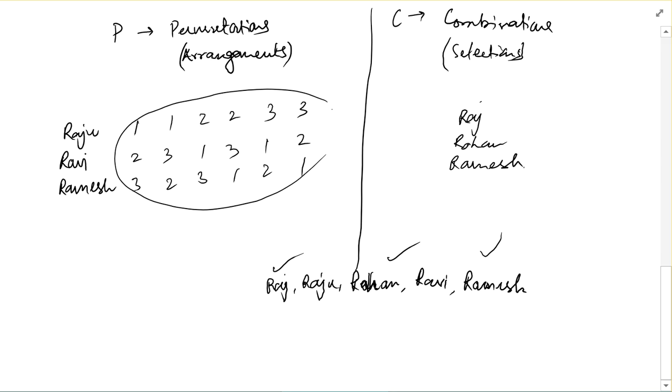Now, in these two examples, I was either arranging or selecting 3 students out of 5 students. So at this point, we learn two formulas.